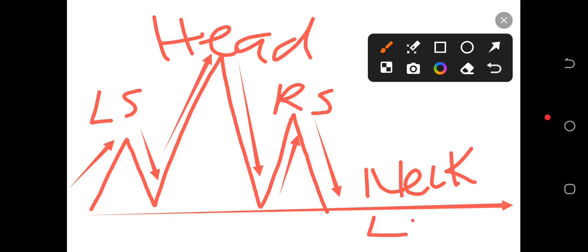A breakout of this neckline like this will push the market lower. So if you are in the market and you already spot a head and shoulder pattern like this, what you need to do is to wait for a breakout from the neckline. Now this is a perfect head and shoulder pattern.